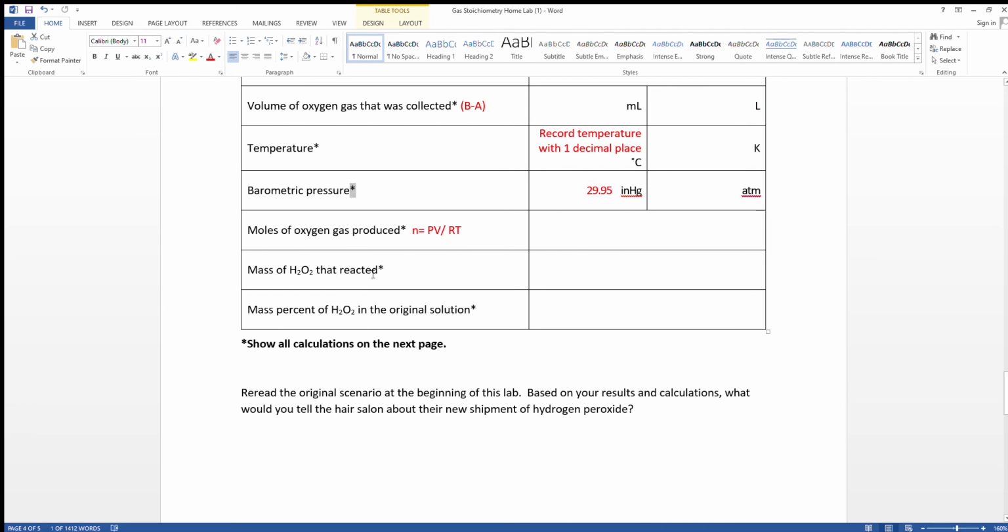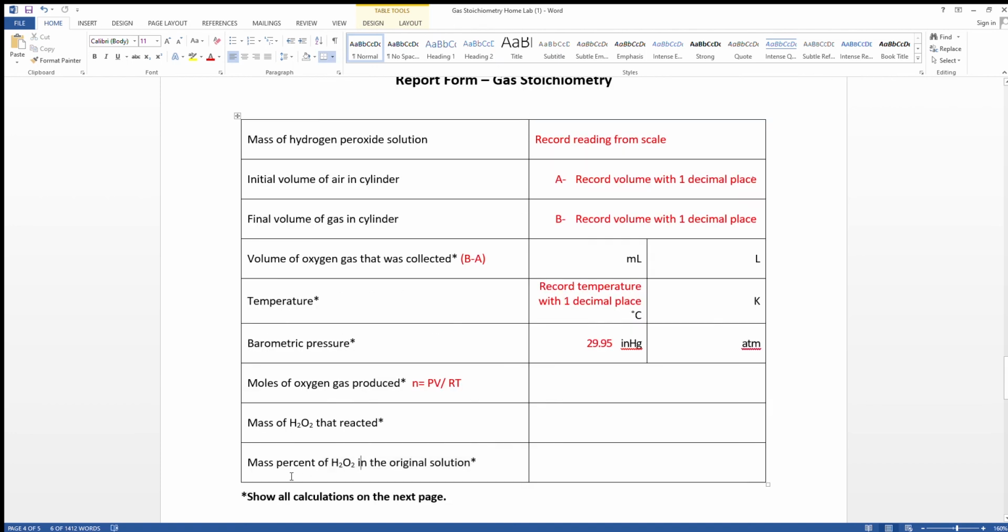And once you have the mass of hydrogen peroxide, the next step is you can find the mass percent of H2O2 in the original solution. To find the mass percent of H2O2 in the original solution, you need the mass of hydrogen peroxide that you will get from here. You will divide that by the mass of hydrogen peroxide solution that you have here and multiply it by 100.